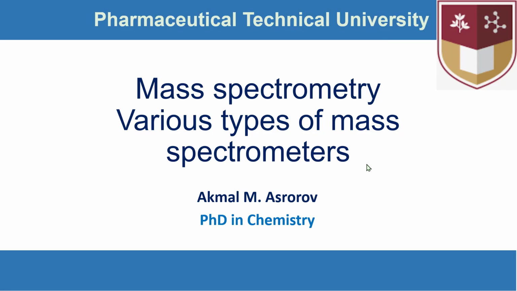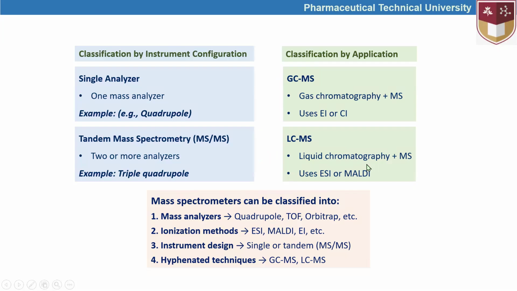Here we go. In the second lesson, we talked about mass analysis and tandem classifications. We divided mass spectrometers into GC-MS and LC-MS, according to the applications in tandem with gas chromatography or liquid chromatography.